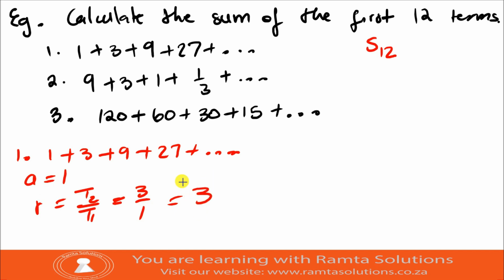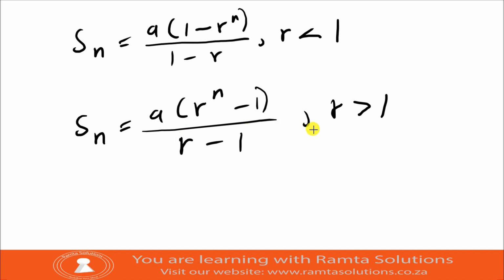Even if you use T3 over T2 or T4 over T3, you will still get 3. So, we're going to use this formula here: Sn equals A into R to the n minus 1 all over R minus 1. Remember what I had said.